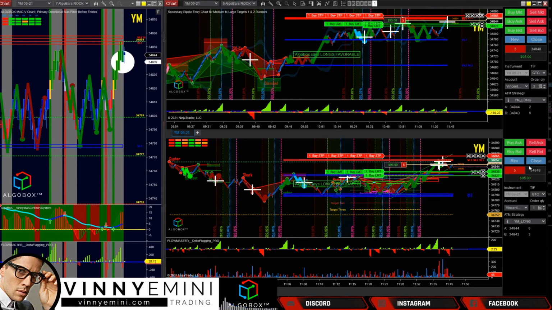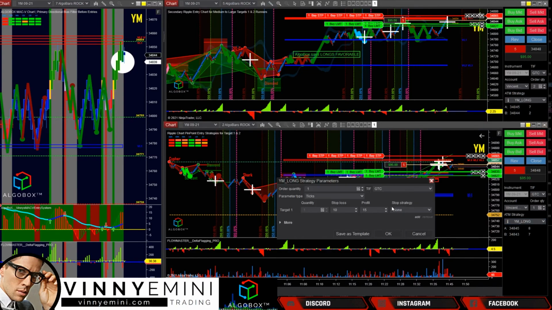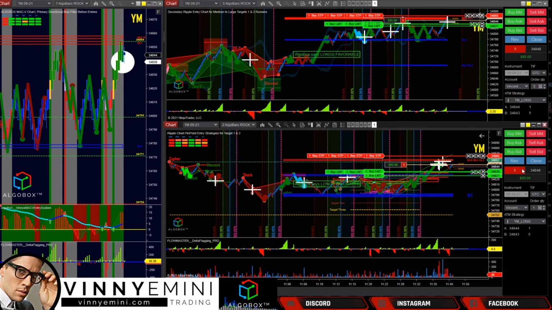Veremos qué pasa. A ver si podemos llegar al target 1. Tengo el botón en el close. Veamos.